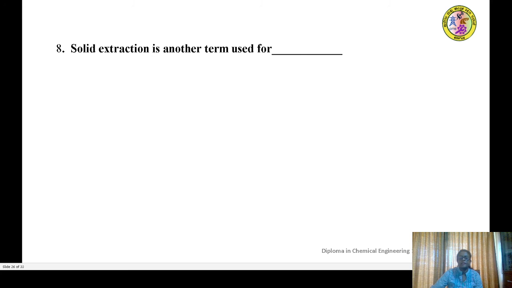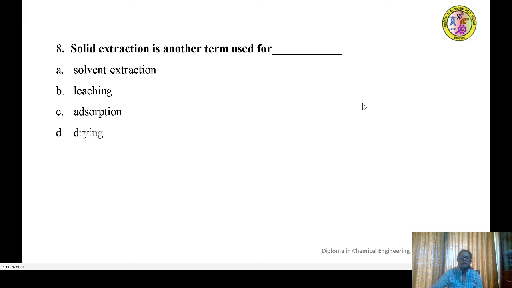Solid extraction is another term used for: solvent extraction, leaching, adsorption, drying. I hope we have discussed this in the beginning of the class. So, what is another name of solid extraction?